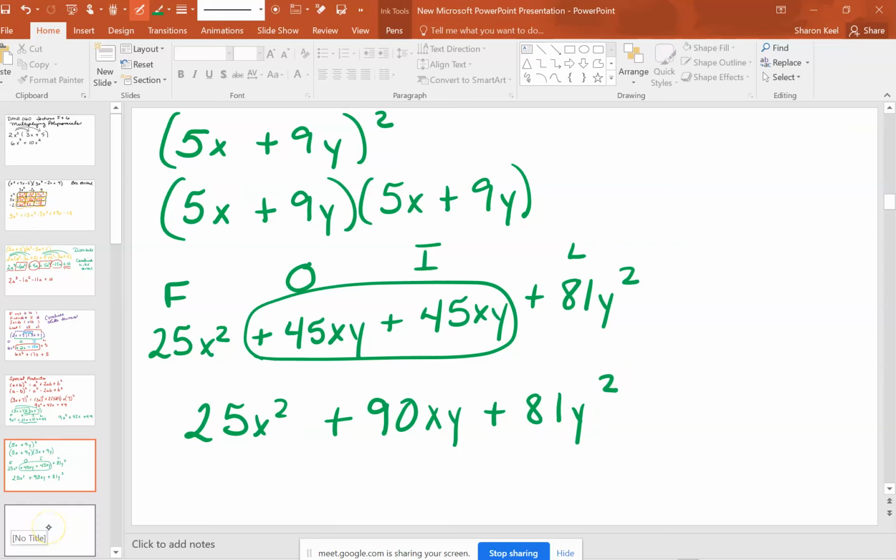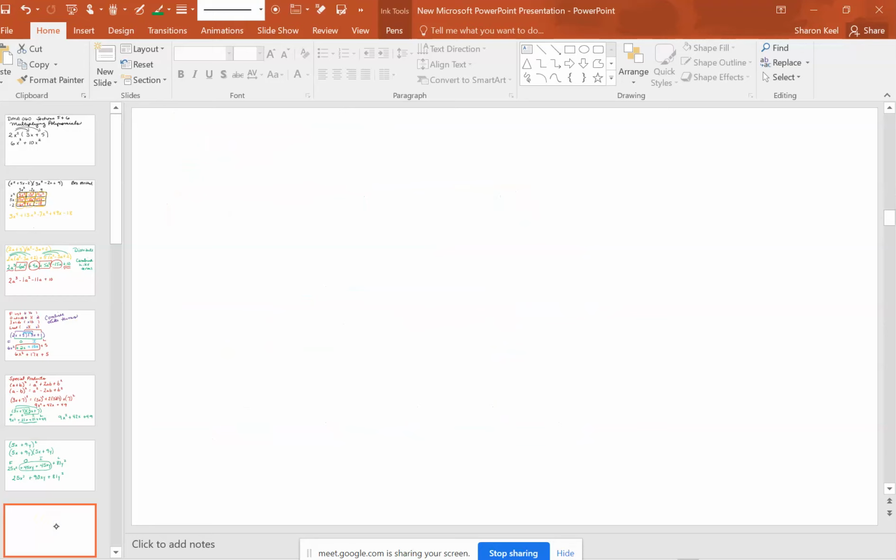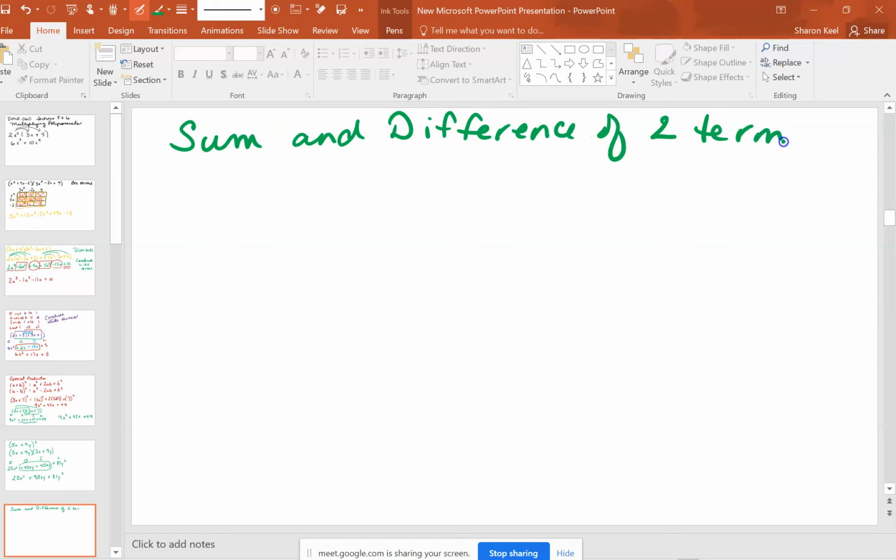The very last item that I have here for us to look at is the sum and difference of two terms.